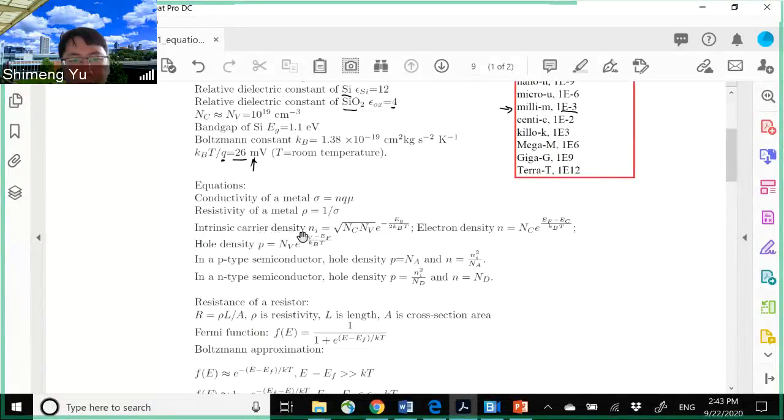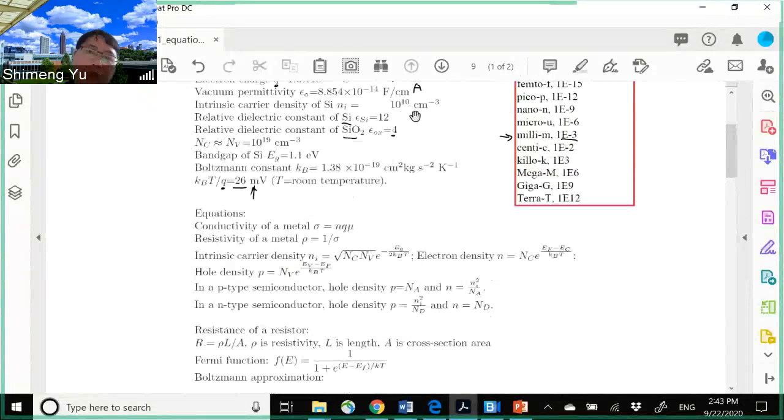Intrinsic carrier density in the semiconductor like silicon, Ni, is given by this formula, which depends on Nc, Nv, the band gap, and of course temperature. As we discussed, at room temperature for silicon, it is 10 to the power 10 per centimeter cube.